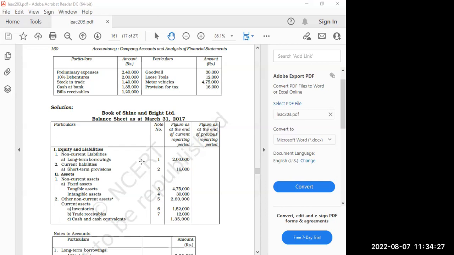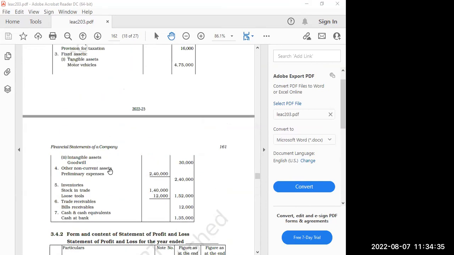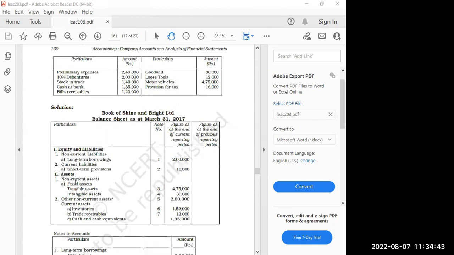Bills receivable is 1,20,000. Next, any other item? No. Under bills receivable, only one is there. There are no sundry debtors.